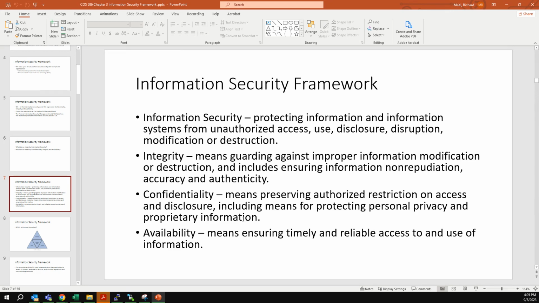Integrity means guarding against improper modification or destruction of information. Confidentiality means preserving authorized restrictions on access and disclosure, so protecting personal privacy and proprietary information. Availability means ensuring timely and reliable access to that information.